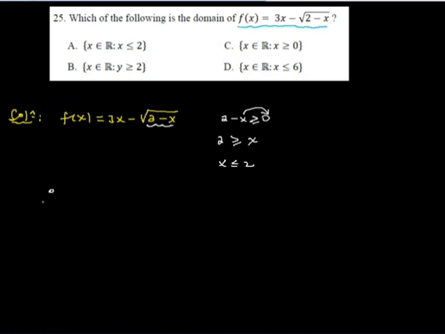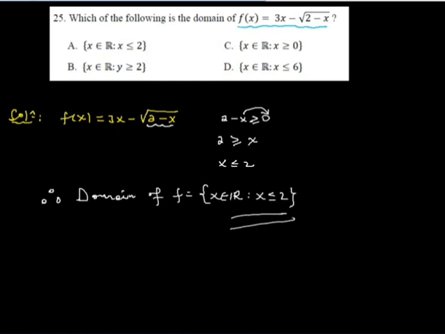Therefore the domain of f is a set containing any real number, but that number should be less than or equal to 2. So this is the domain for this function. So our answer will be A.